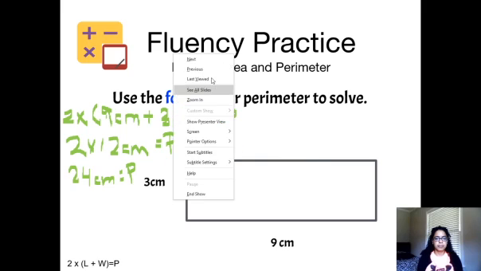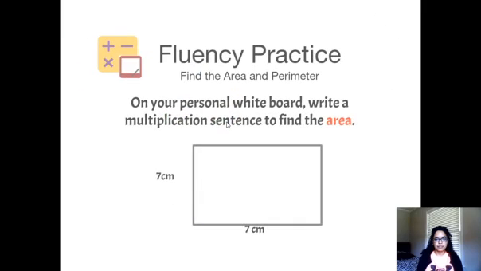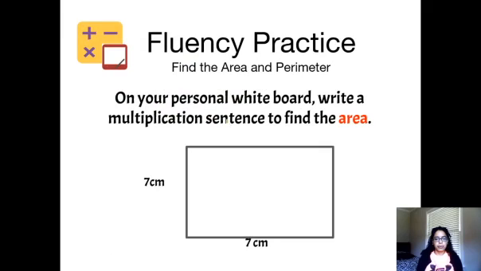Moving on. On your personal whiteboard, write the multiplication sentence to find area. Since it's not listed anywhere, we're going to write it. You should have length times width equals area.